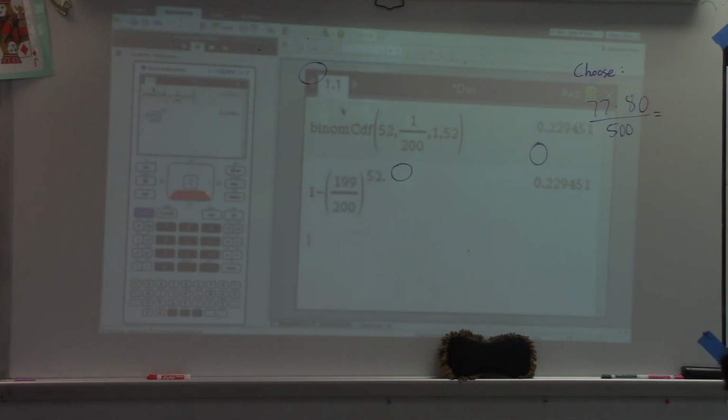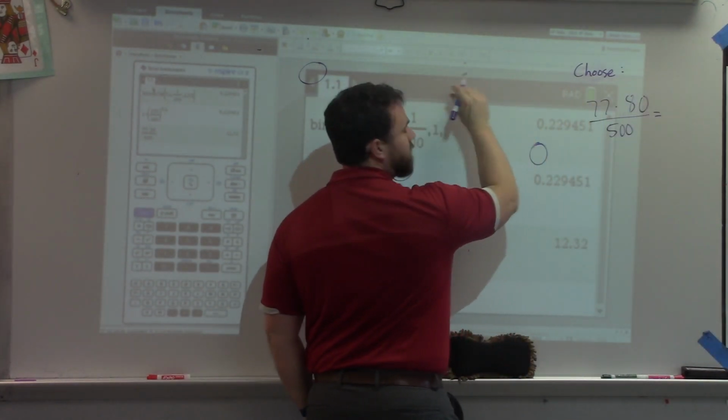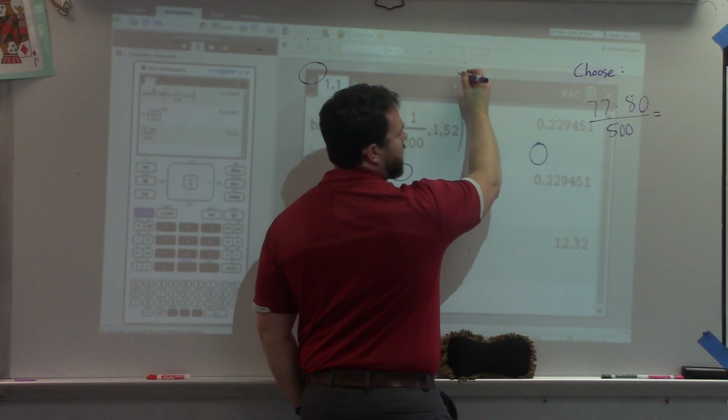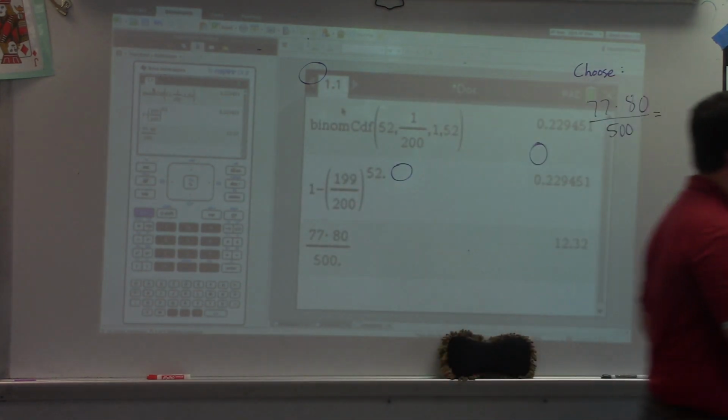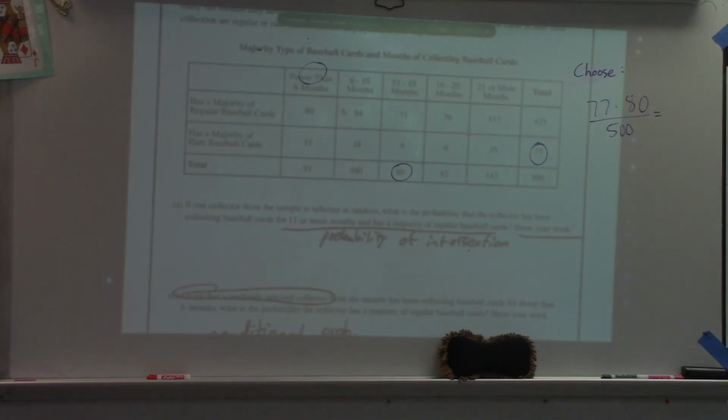So we're finding the expected based on the observed. Yes, the expected is based on the observed. Because remember, it's assuming that we have independence, right? And so if they're independent, we are taking the 11 to 15 months category.